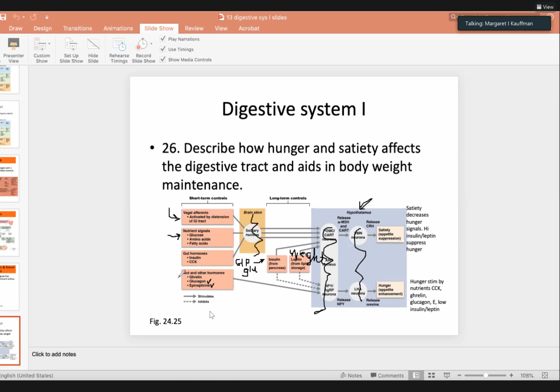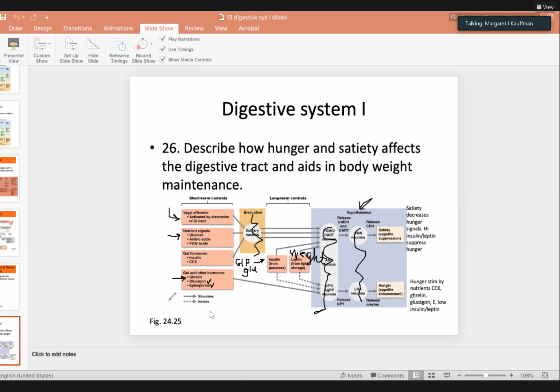And then there's another hormone called ghrelin, which actually stands for growth hormone releasing inducer or something like that. I've forgotten now. I think I say it in the lecture though. But that's where it was discovered. Now we know that this is released by the stomach, and it will stimulate a hunger sensation and therefore wanting to eat.